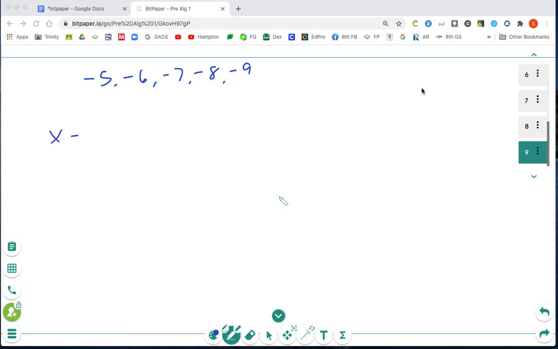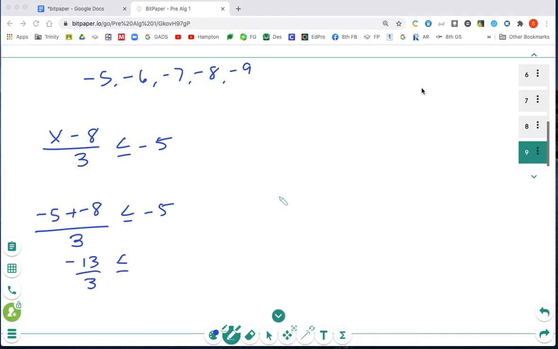x minus 8 divided by 3 is less than or equal to negative 5. So we're going to put negative 5 in. Negative 5 plus negative 8, keep, change, change, divided by 3 is less than or equal to negative 5. So negative 13 divided by 3 is less than or equal to negative 5.